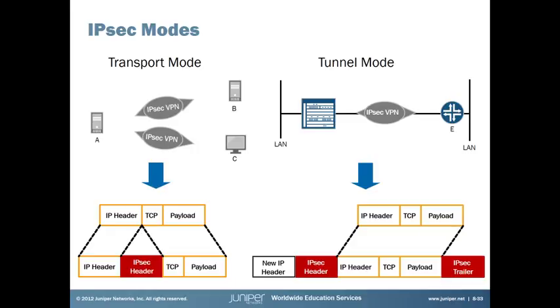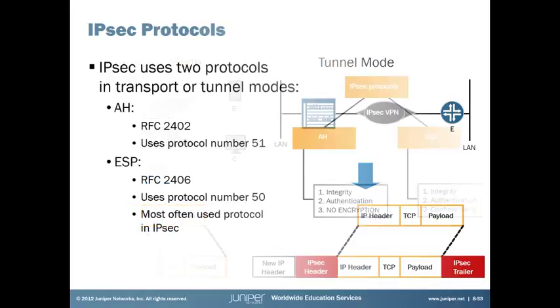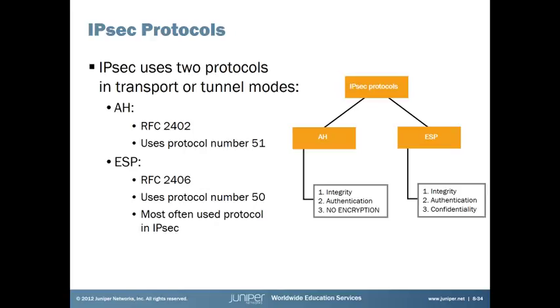The same modes are selected at each end. Two different protocols in transport or tunnel modes, AH and ESP. The main point is you choose which one you're going to use, and it has to be the same at each end. So usually we're going to be choosing ESP.